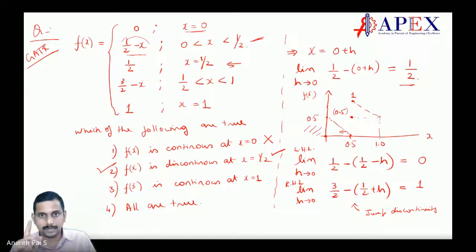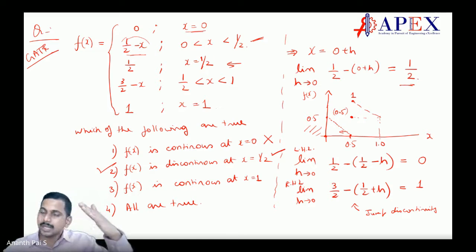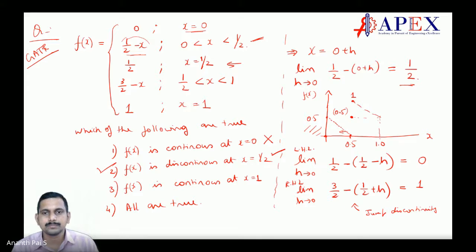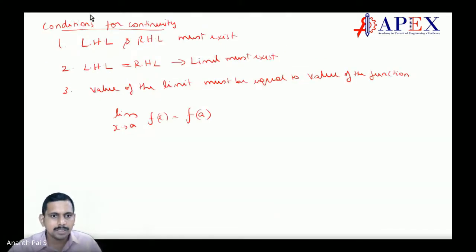Sir, could you go to the previous slide? Yes, please. Sir, approaching from the left side, approaching from the right, and at that point, all three should have the same value, no? Correct. Approaching from the left side, approaching from the right side, and the value at that particular point. That is what is defined here. You observe, left hand limit and right hand limit must exist.